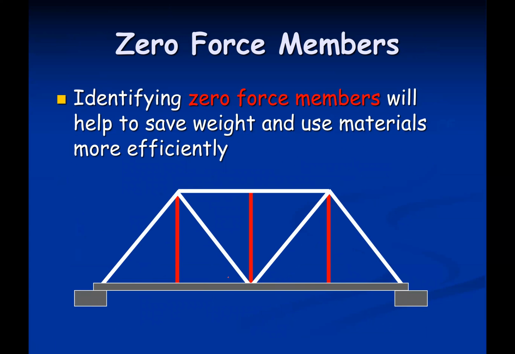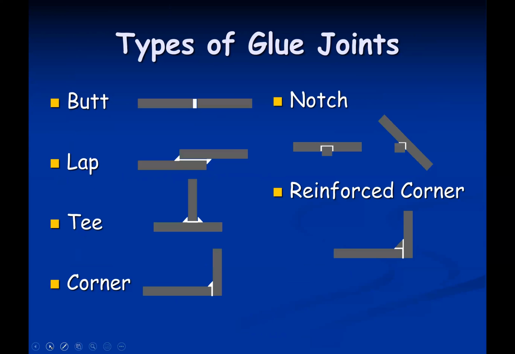If you run verticals here, you will see that we were able to do that. So now that all of those forces are okay, adding in vertical components, we would call those zero force members. If I put those in there, they may not be necessary. Looks nice, but you'll find that sometimes those members are not necessary.